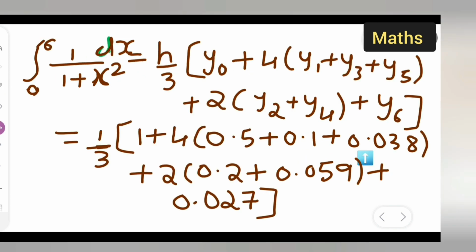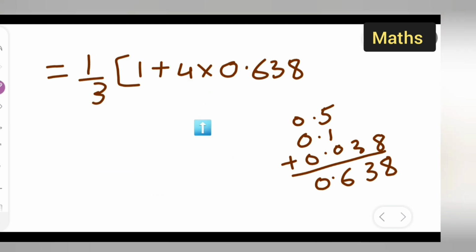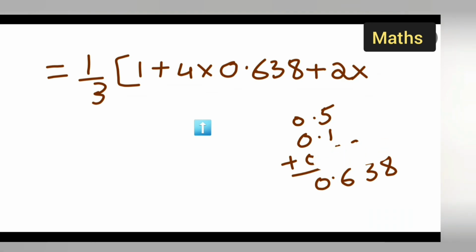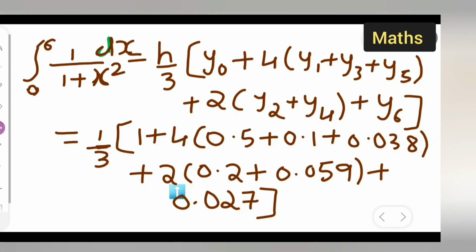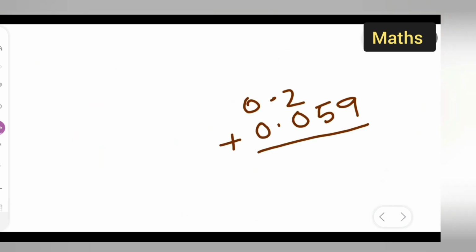After this, then you all have to write plus 2 multiplied by, okay, let me rub this part. So now you'll have to add these numbers, 0.2 plus 0.059.